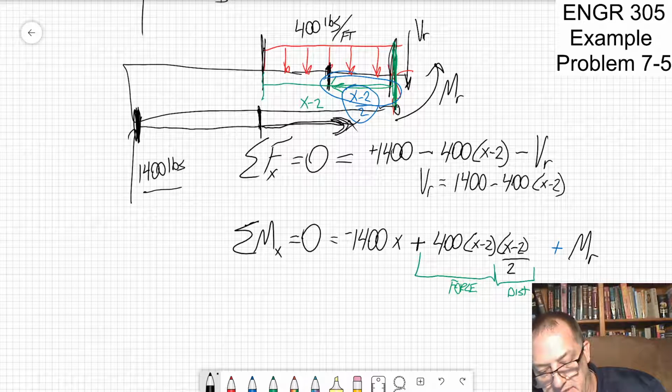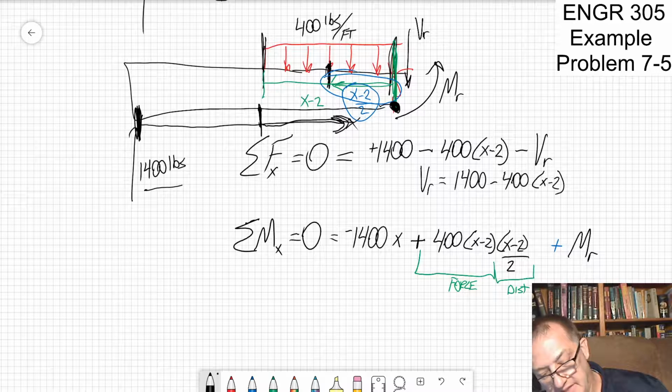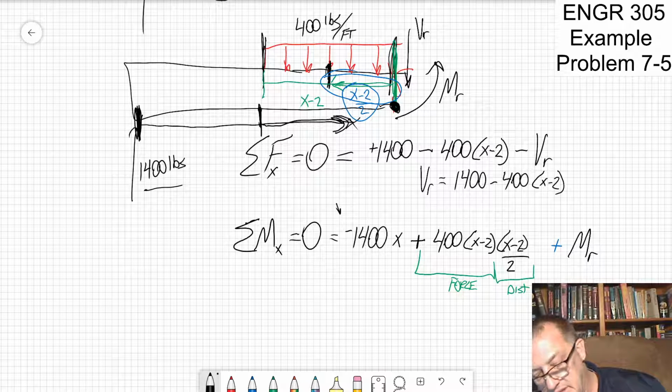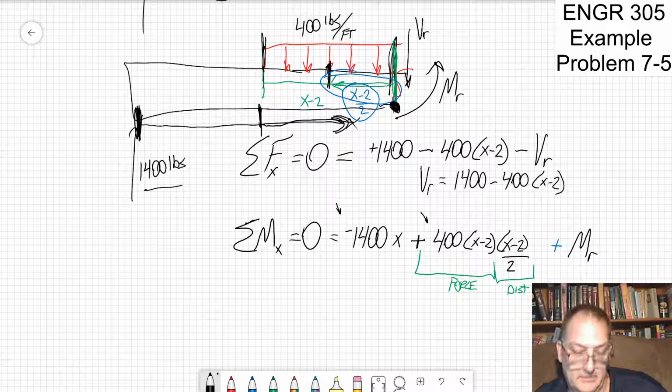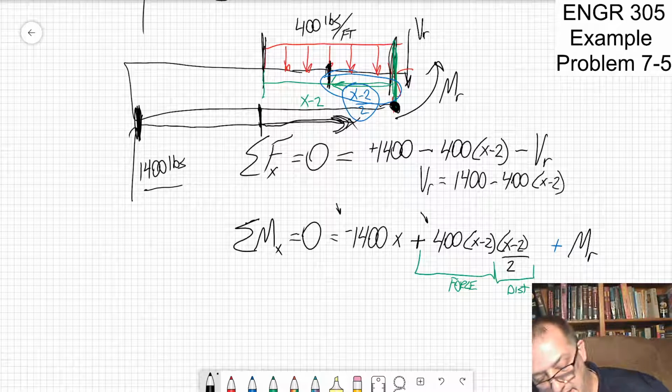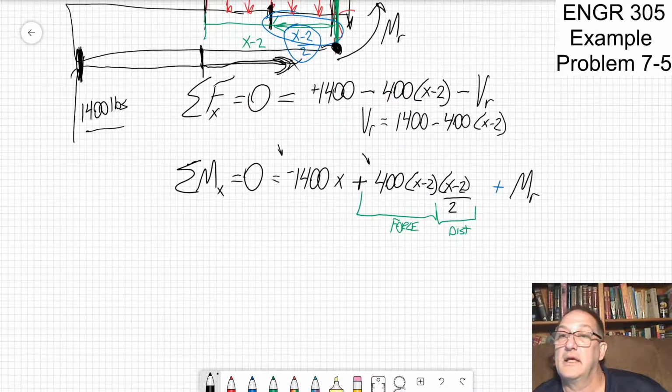Because I'm trying to spin around this point. I'm trying to spin around the cut. So that sign is now correct. And that sign is now correct. Yes.